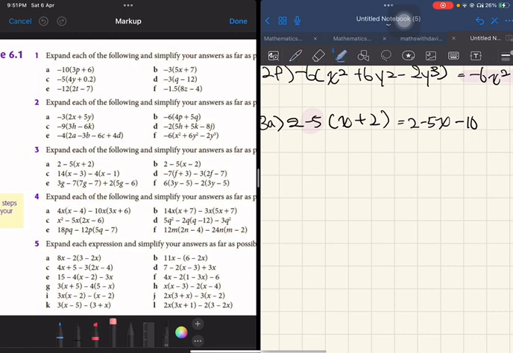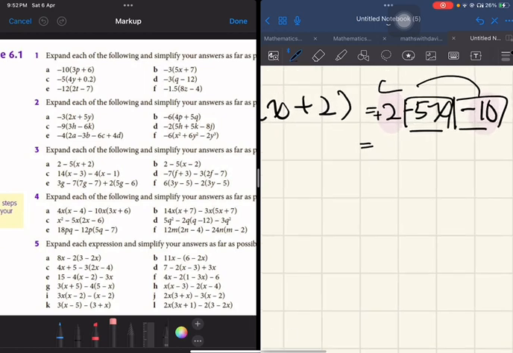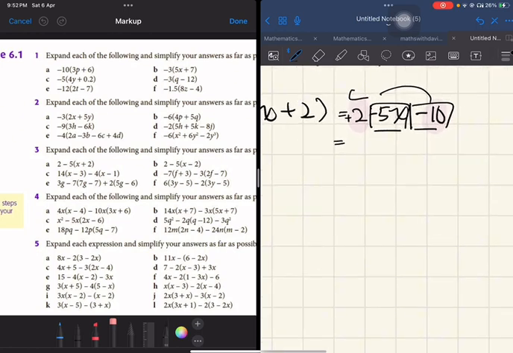Now for this one, you can simplify, okay? You can just bring this negative 10 because this is 1 and this is 1. This 2 here is basically positive. So bringing this here, we get negative 10 plus 2 subtracted by 5x, and get negative 8 subtracted by 5x.